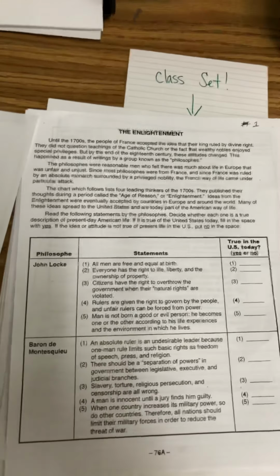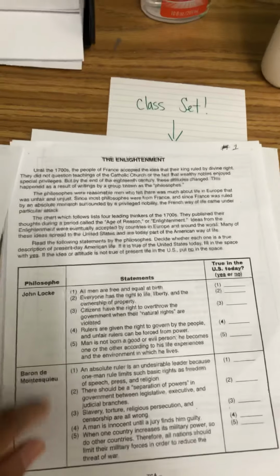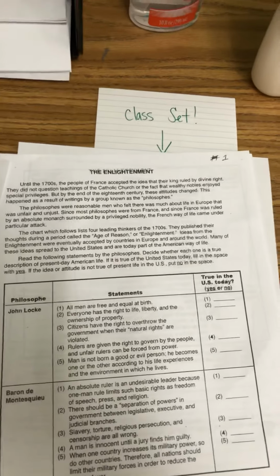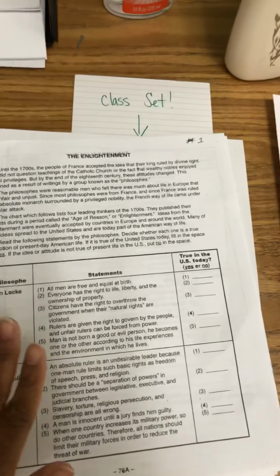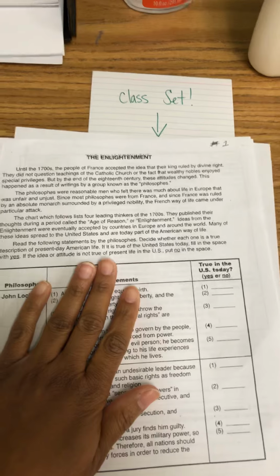Number 3, this is the handout that you are going to use. You are then going to look at each philosopher, pick one belief that you either agree or disagree with, and explain your why. This is in your notebook. This is a class set, so it will get returned here.